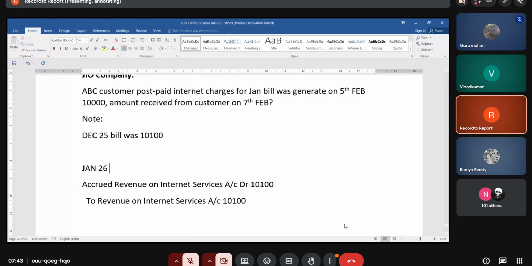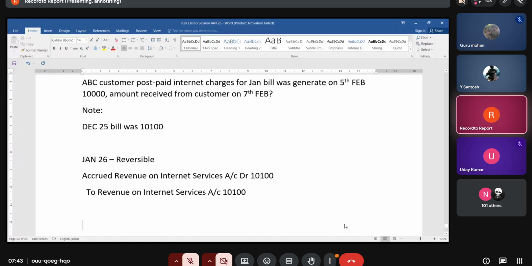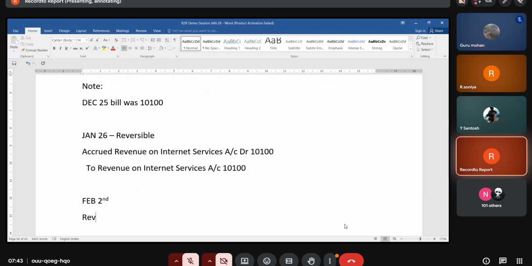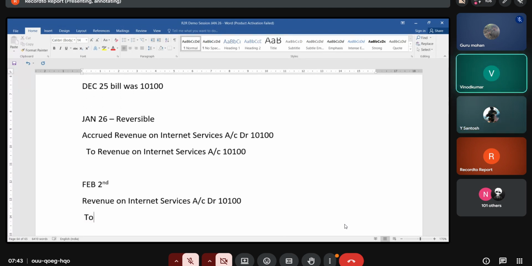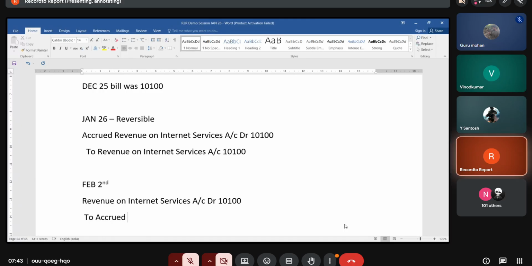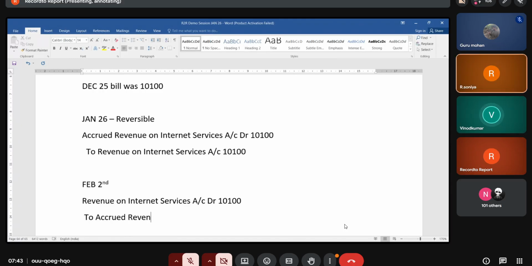It's reversible. So what happens on February 2nd? Revenue to accrued revenue on internet services account.